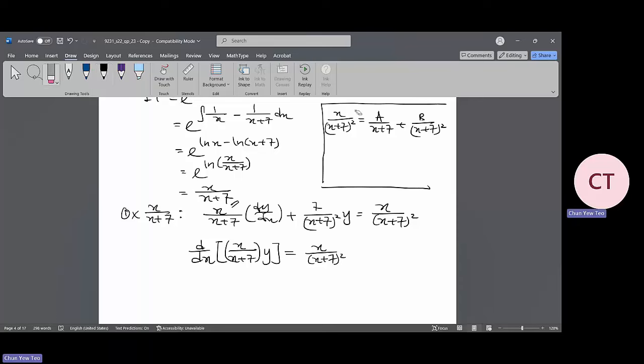Maybe I don't use A and B, I use C and D. So I get this, C(x plus 7) plus D. So x equal to 0, x equal to negative 7.